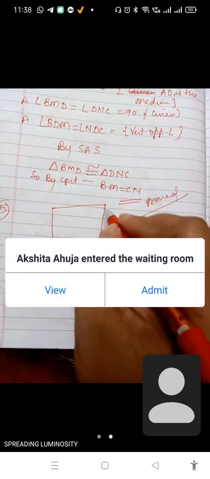A, B, C, D, this is M, this is E, this is N. In the adjoining figure, BM and DN are perpendicular.